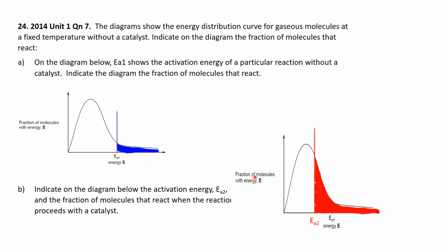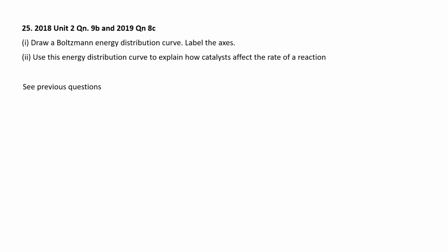Again, they're saying molecules, it's actually collisions that are important there. So it lowers the activation energy, therefore more possible reacting species. And we've done all this already for question 25. Not overly sure why I included it, other than for comprehensiveness in pulling out all of the questions.